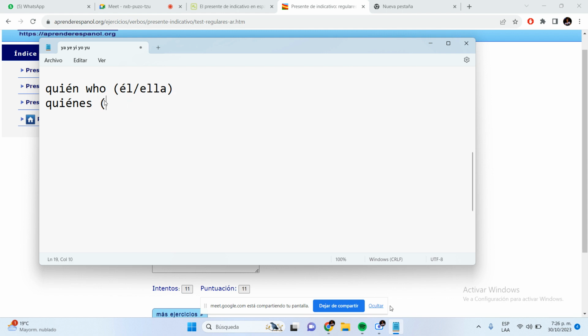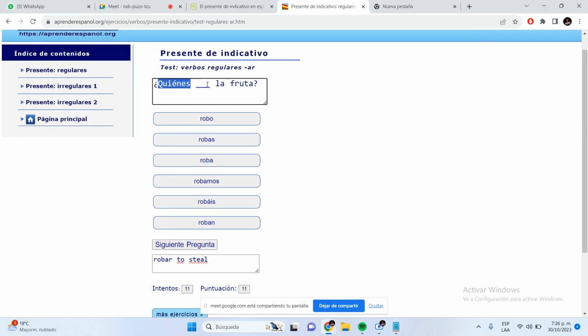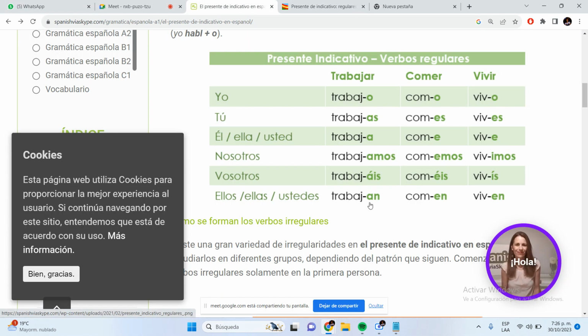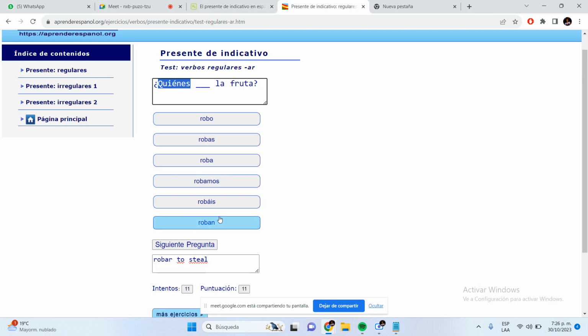But quiénes would be ellos, ellas. So having that in mind, here I'm doing the conjugation for ellos, ellas. So it'd be roban. ¿Quiénes roban la fruta? Very good. Do you have any questions so far? Perfect.